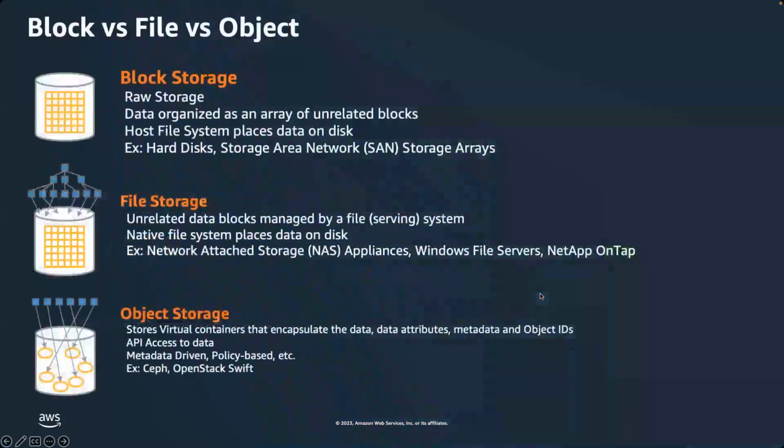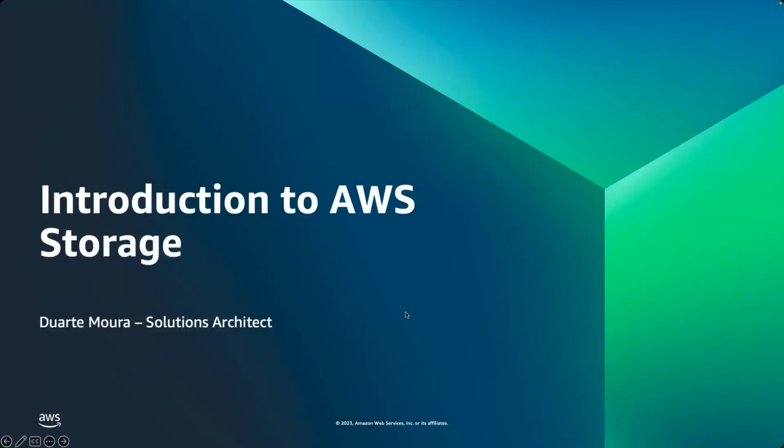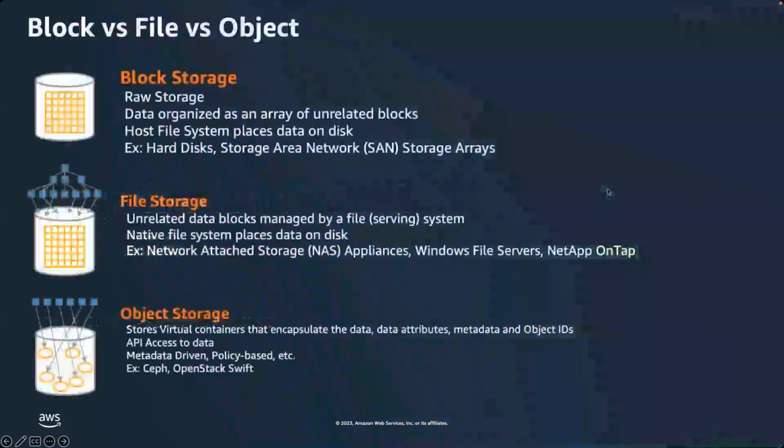First of all, I'm going to give a really brief introduction to storage in AWS. I'm going to try to keep it as light as I can, because I understand we have different backgrounds, just like Alejandro did. We're going to start with the different types of storage: block, file, and object storage in AWS.